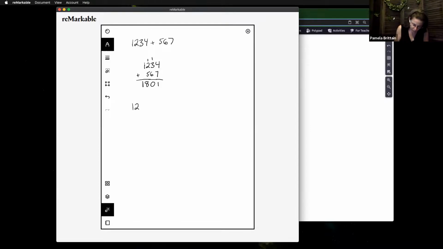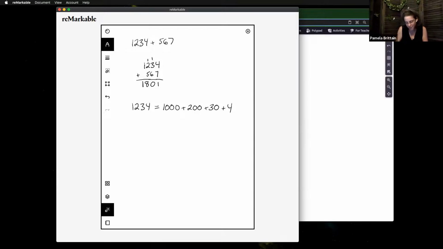We can rewrite 1,234, and notice I'm not using an equal sign. Actually, sorry, we can use an equal sign because this is the same as 1,000 plus 200 plus 30 plus 4.